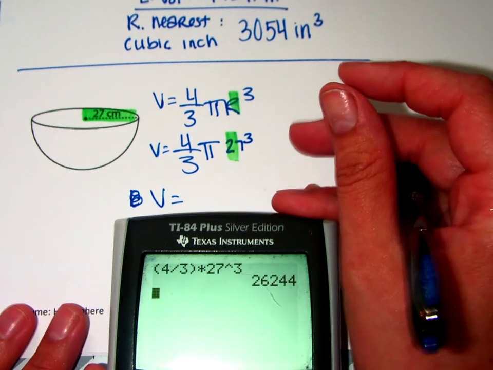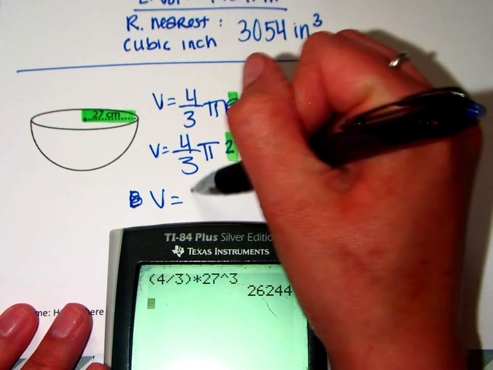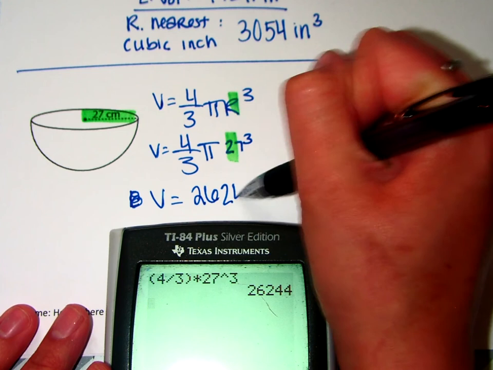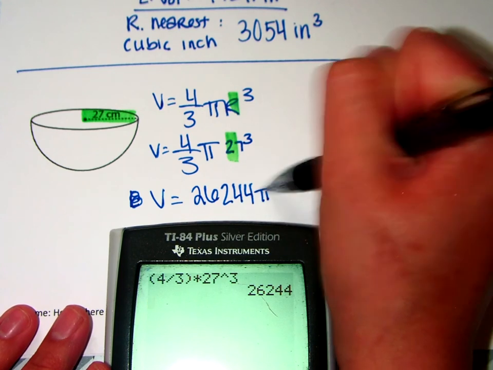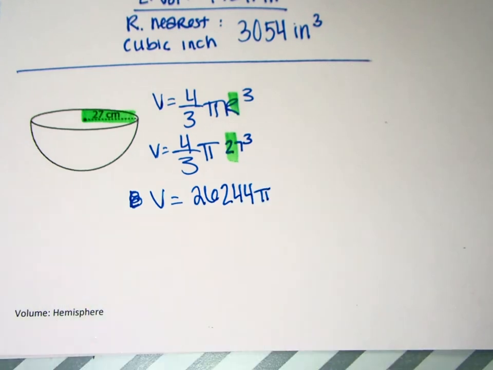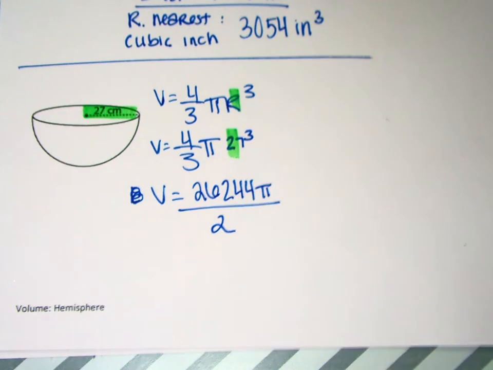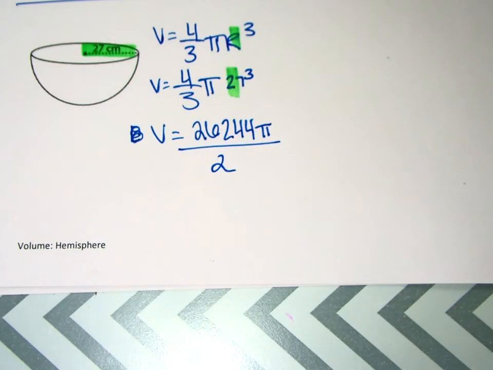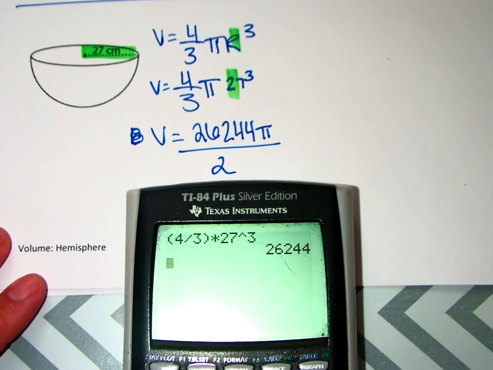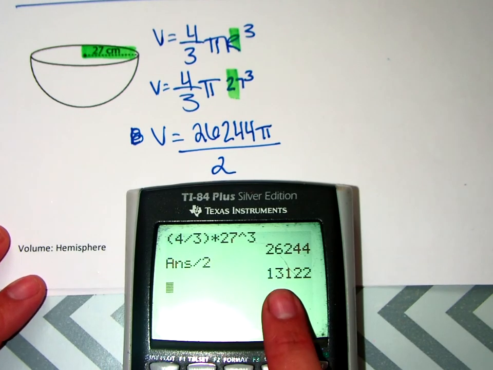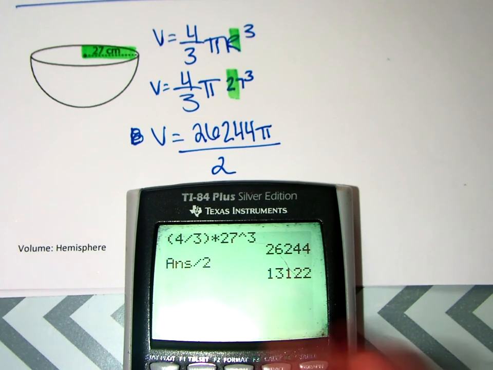I'm going to go ahead and write this down first: 26,244 pi. Now, in this case, I want to divide by 2. I'm going to divide by 2 because this is a hemisphere and I only want half. So in my calculator, I'm just going to do divided by 2. And I get 13,122.